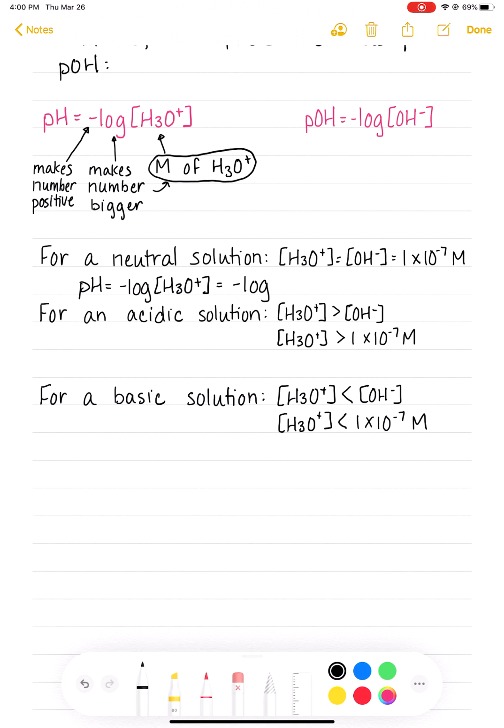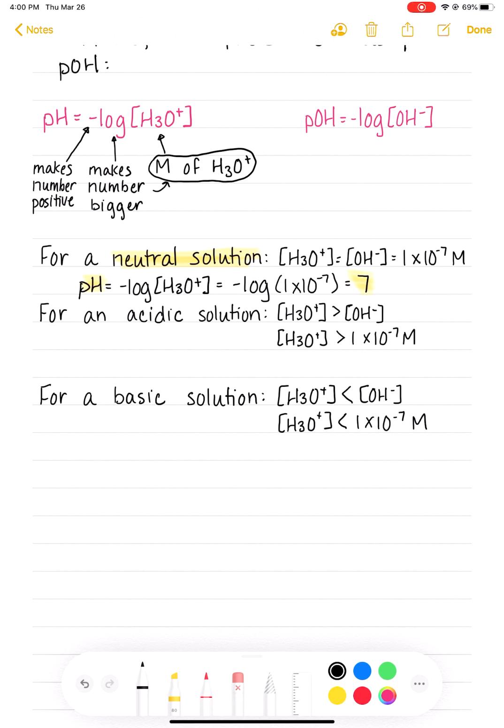Negative log of 1 times 10 to the minus 7, the H3O plus concentration. Stick those numbers into your calculator and you're going to get 7. So we know that for a neutral solution, the pH is always going to be equal to 7.